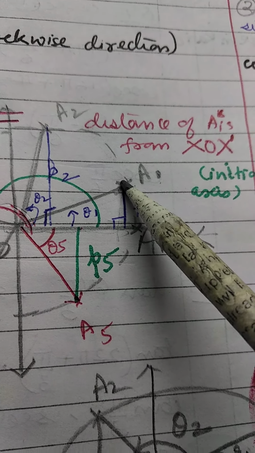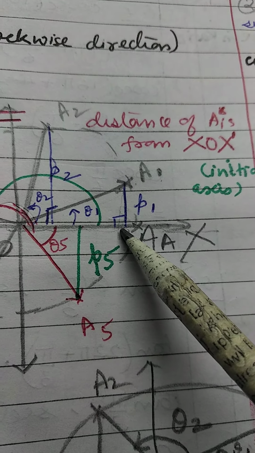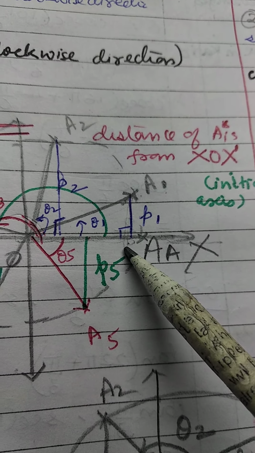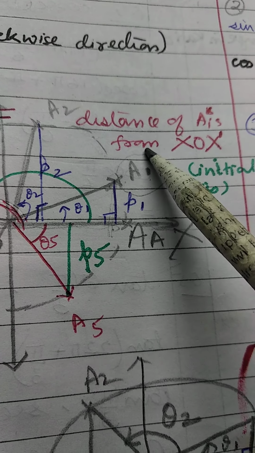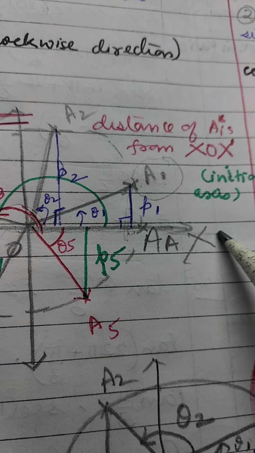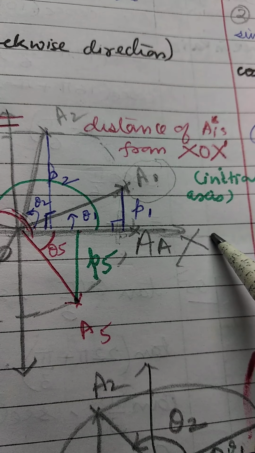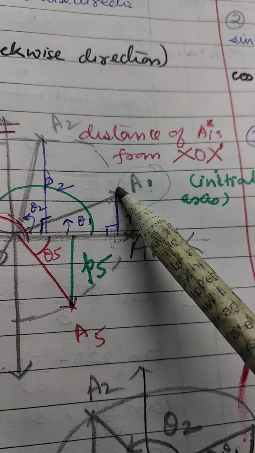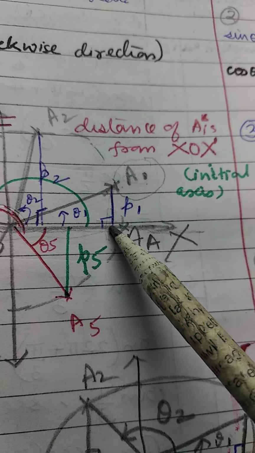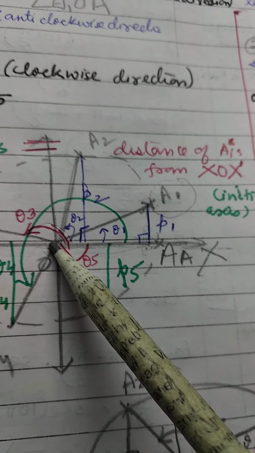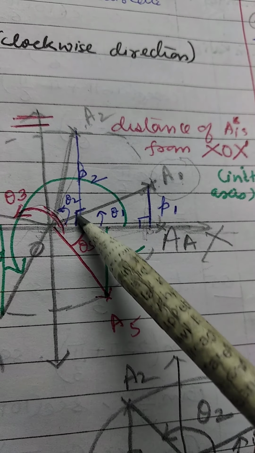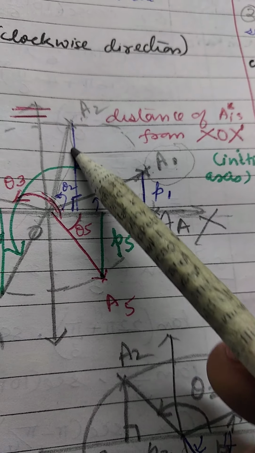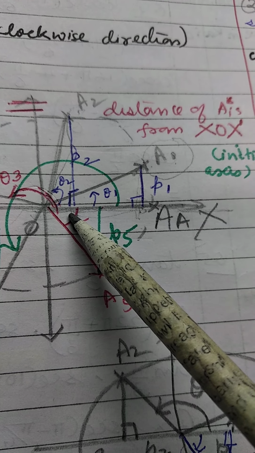So that is the quantity P we have. So the P that we have defined is nothing but the distance of A1 from the initial axis OX, and distance between a point and the line is obtained by dropping a perpendicular from the point onto the line. We see that in this position a perpendicular is dropped from A2 onto the initial axis. So this length is defined as the perpendicular length.